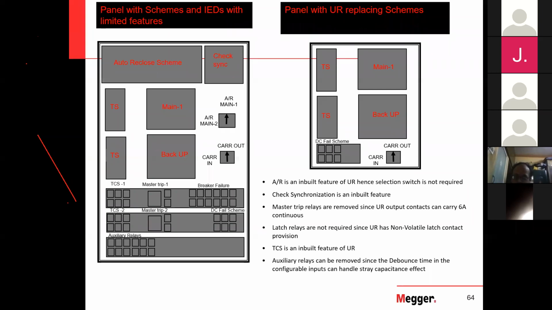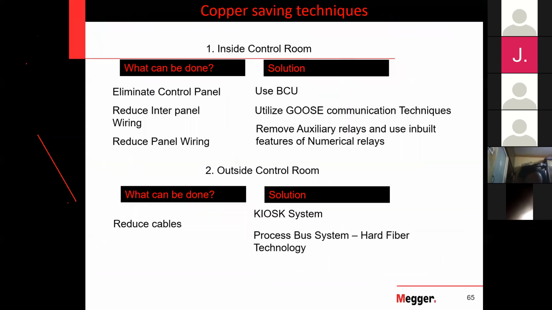So what is the final outcome? In place of 100 panels, we currently have only 25 panels because of all the discussed features. 100 panels becoming 25 panels provides a cost-effective solution. It also reduces the land acquisition cost and the civil construction cost of the control room.